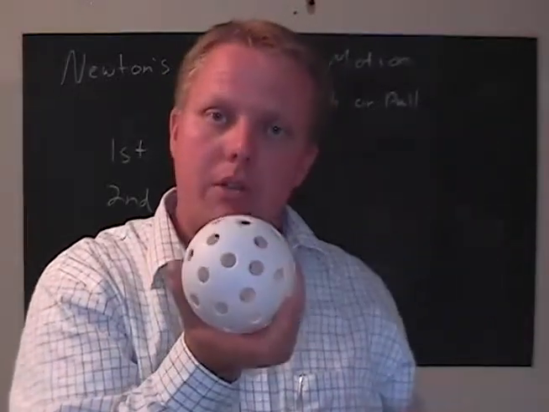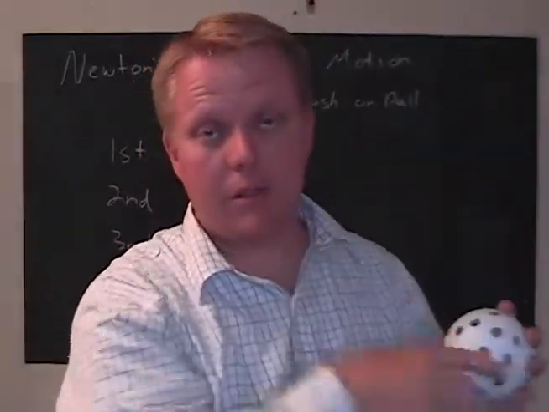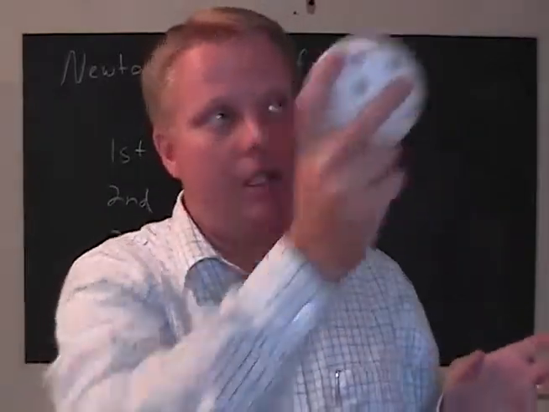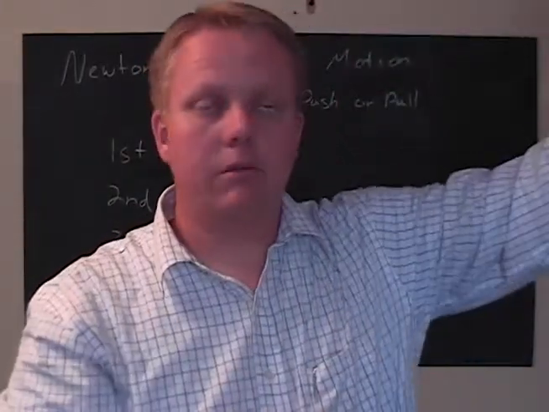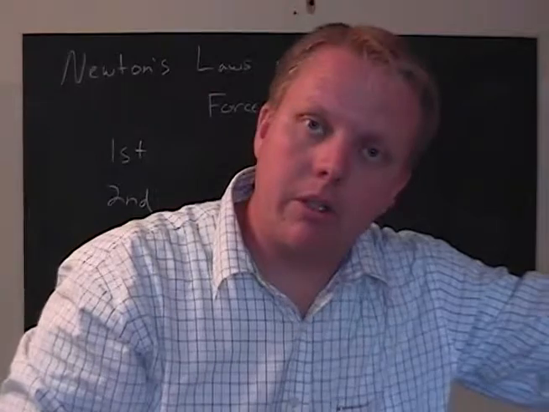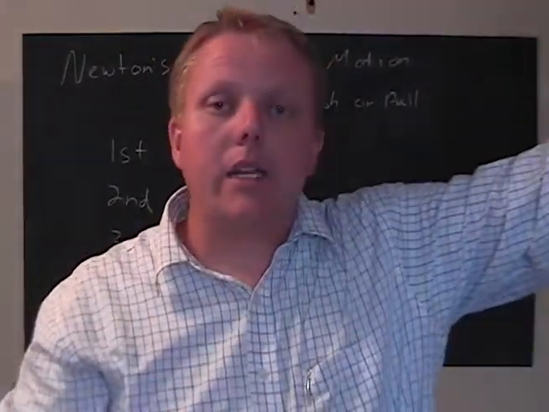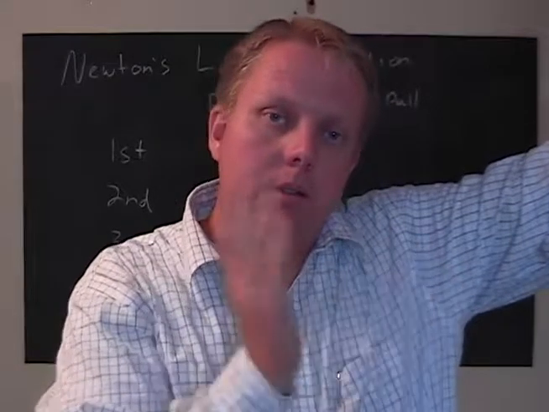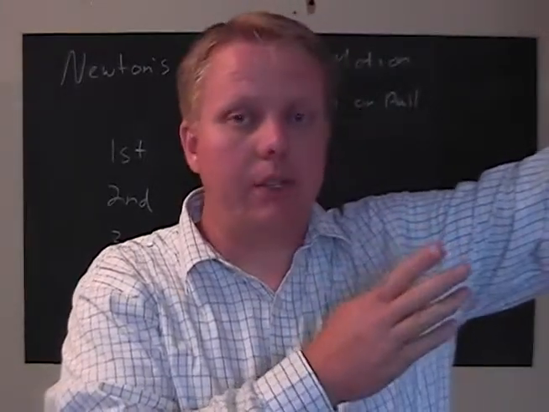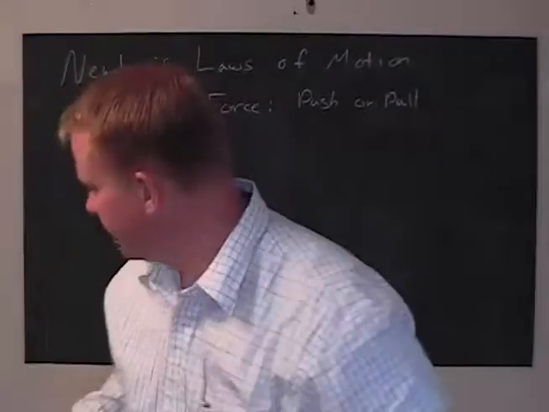The first unbalanced force that comes to your mind, of course, when you throw something is gravity. And it instantly is pulling on this thing, and it continues to pull on it until it gets down to the ground. But if there were no gravity acting on it, the ball would continue in a straight line, constant speed, until some other force acted on it. And that's Newton's first law of motion.